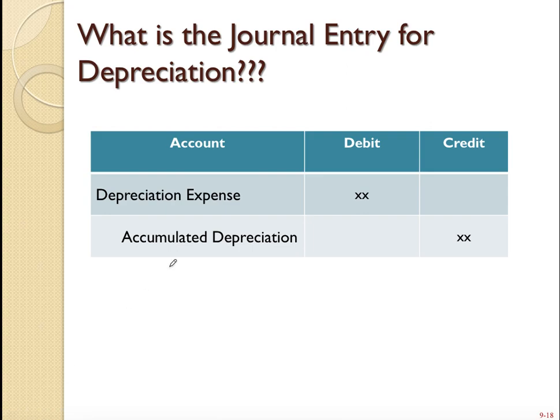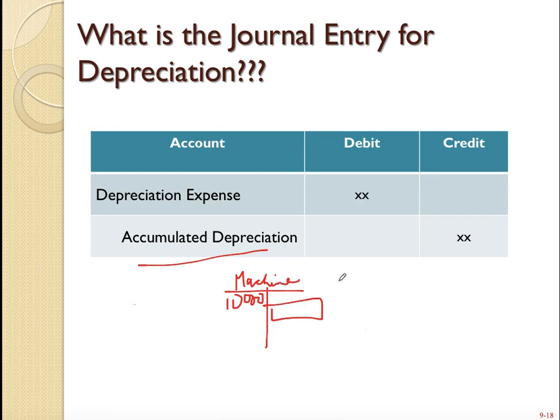Now, we don't credit the asset directly, right? So if this is our machine, and we put the cost here of $10,000, we don't want to take anything out of that because we still have that machine, right?